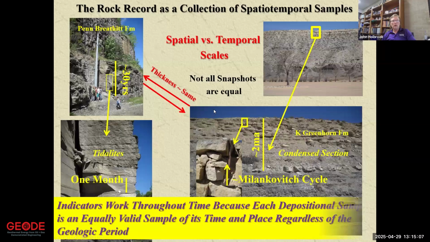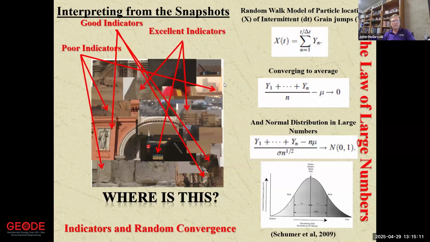The other way we'll approach it is by the law of large numbers. We'll simply say if I take enough samples of things, they will converge on some average that will help us. So I'll go out and take a bunch of porosity samples out of these rocks, and even though I might not necessarily understand exactly what's going on in each one of them, I know if I get enough of them that I will get some convergence on an average.